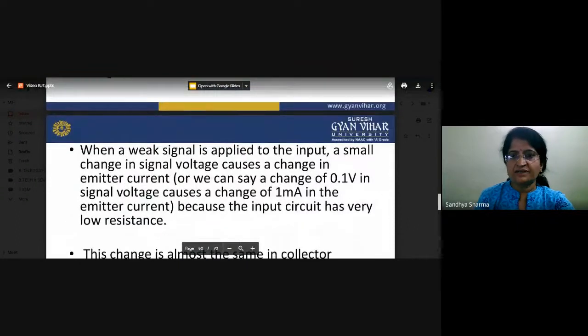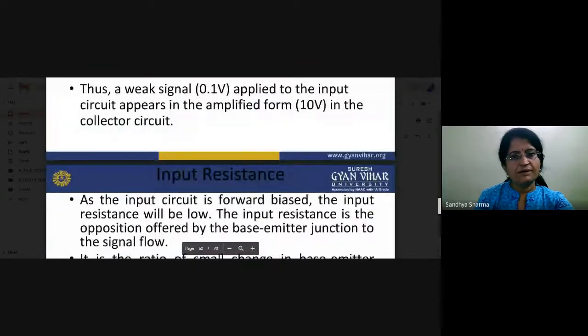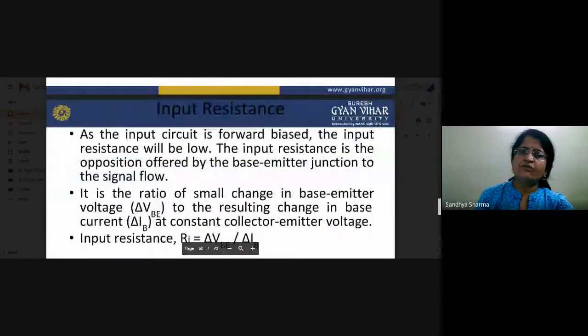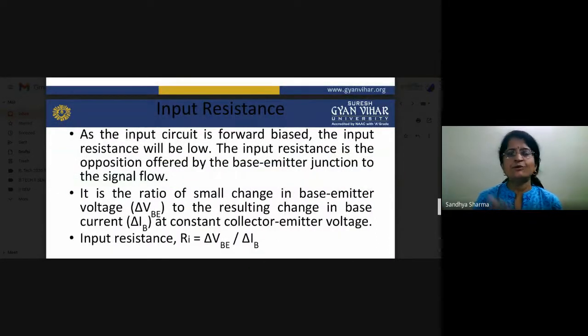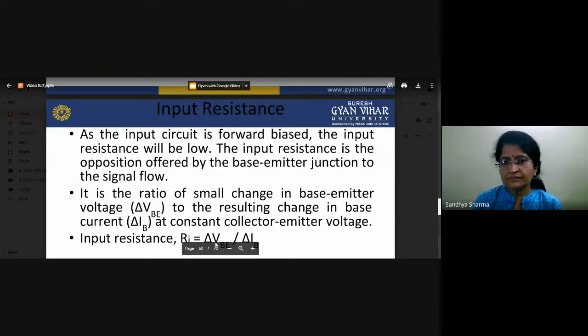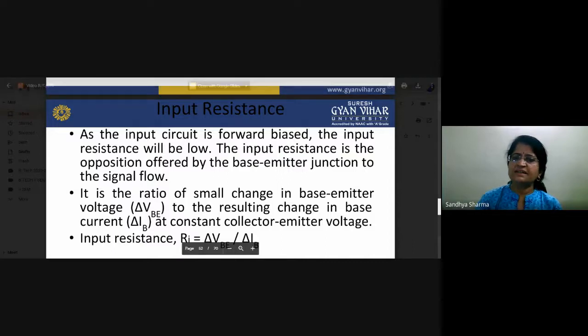Now we see this in the common emitter. The input resistance is low because of forward biasing, and the output resistance is high because of reverse biasing. This is the basic criteria. The change in VB upon the change in IB is called the input resistance Ri. That is basically the analytical behavior of our transistor.